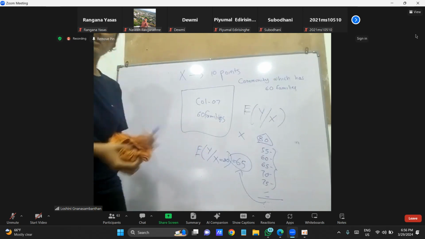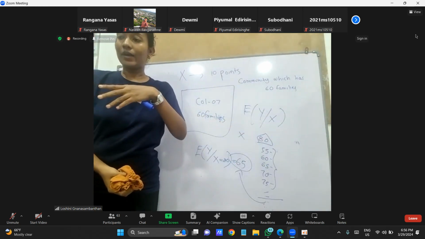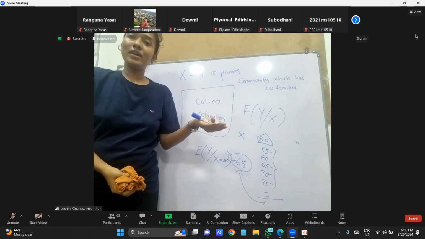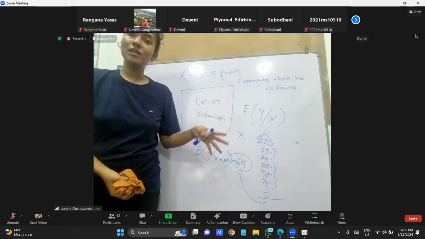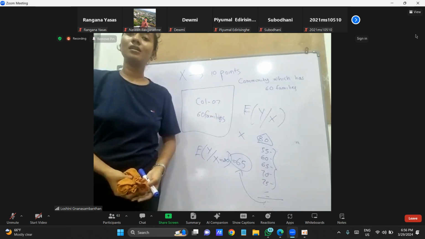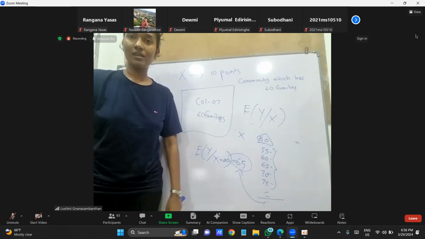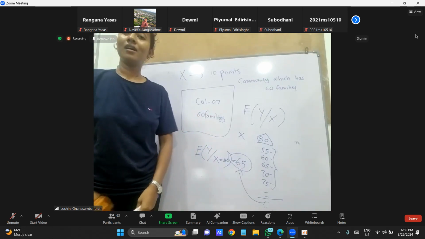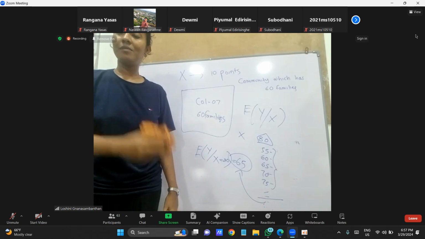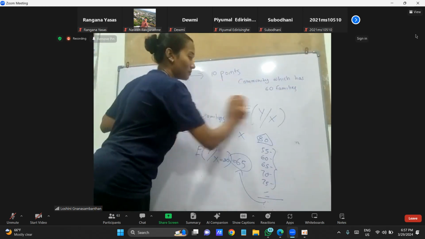What is the use of actually doing this when you have the full population like this? You can simply add all the things in the population and divide by 60 and get the mean value of weekly family consumption, right? Then what's the use of taking the conditional mean of y and all?